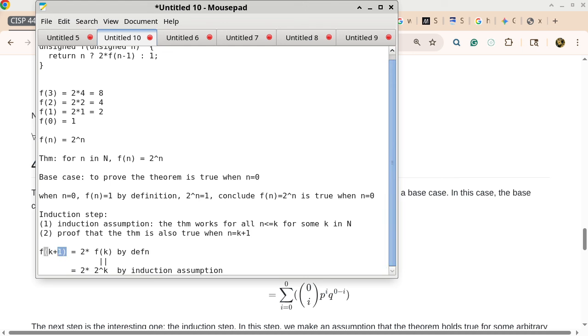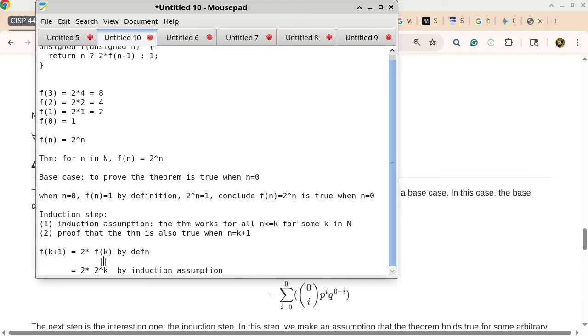We are starting out with f of k plus 1, and are we okay with f of k plus 1 being the same as this? You're not convinced. Which part is not convincing? Wait, wait, wait. Are we okay with just this part?